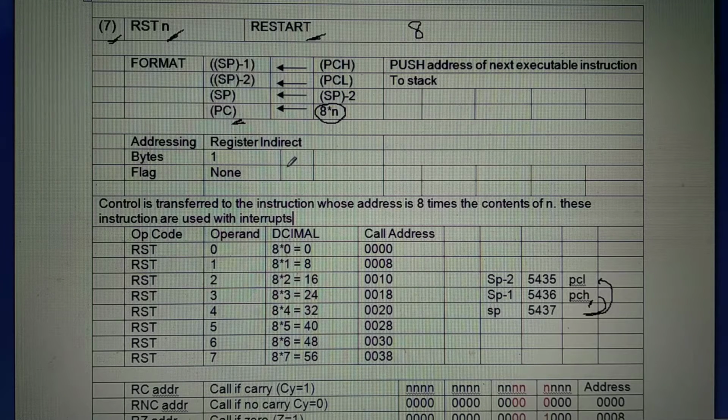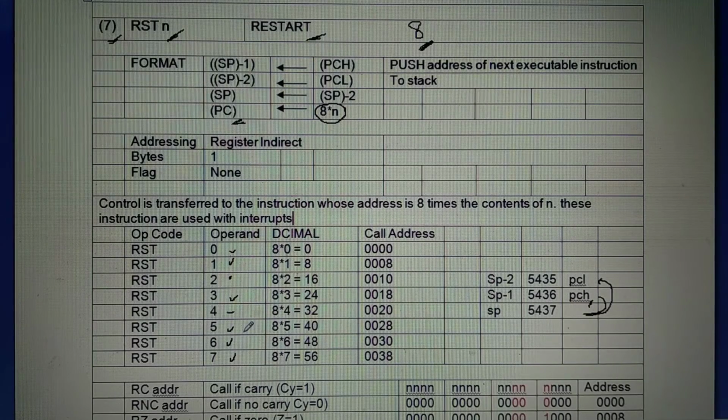N means the RST number. We have a total of 8 software interrupts, and the names of these 8 software interrupts are RST0, RST1, RST2, RST3, RST4, RST5, RST6, RST7.